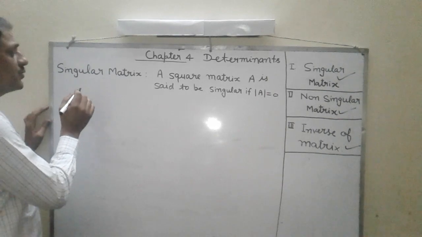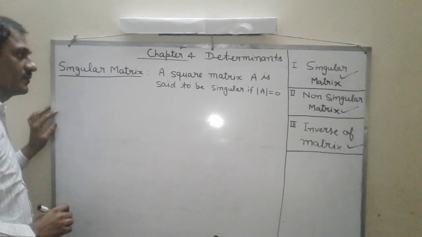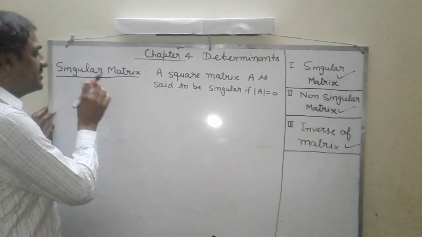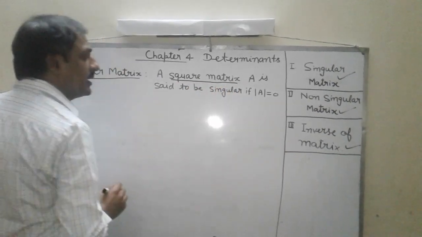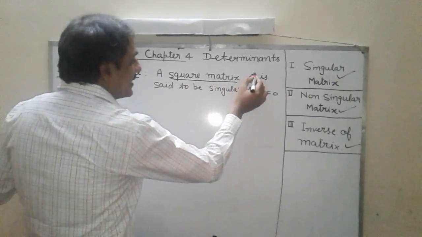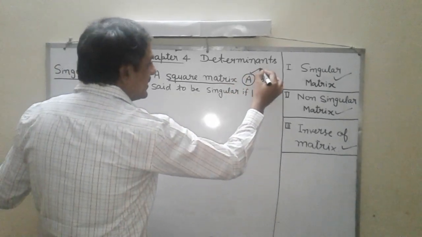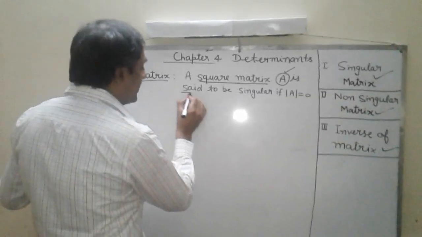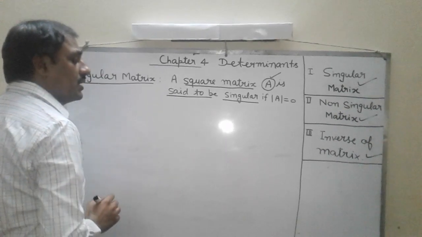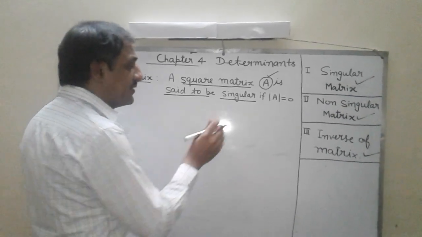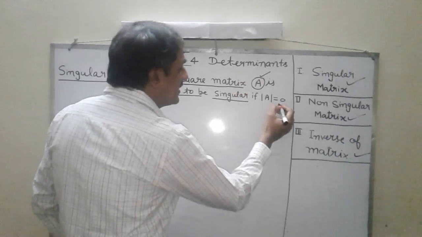Here I am going to define the singular matrix. According to this definition, a square matrix A, here A is a square matrix, is said to be a singular matrix if the value of the determinant of a given matrix is equal to 0.